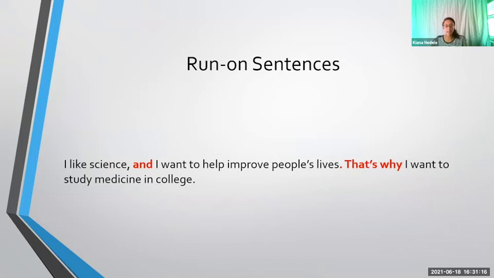That's why I want to study medicine. So as you look, exactly, the ideas are connected better. So as you look at your papers and think about how to fix run-on sentences, remember to think about which parts of the sentence work best together, what ideas are connected.